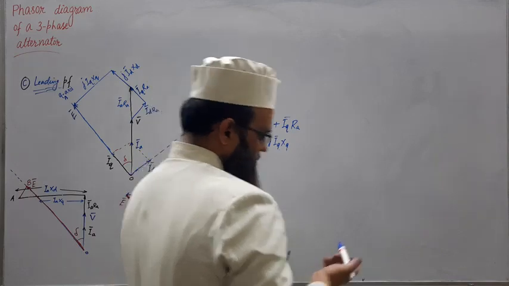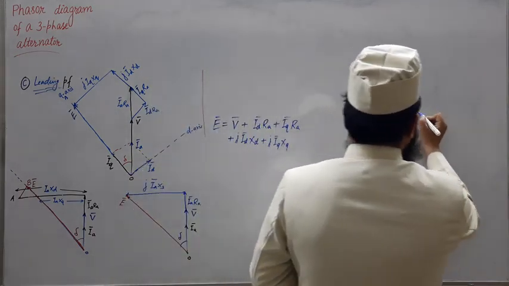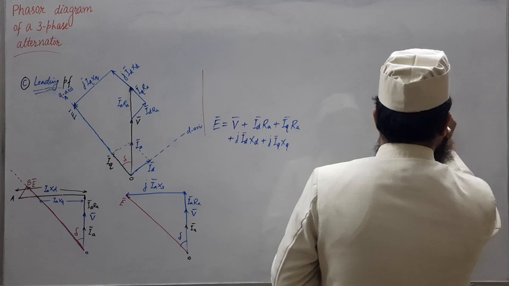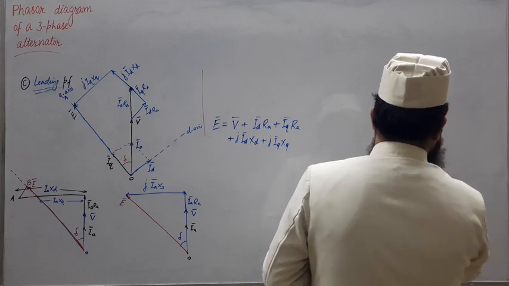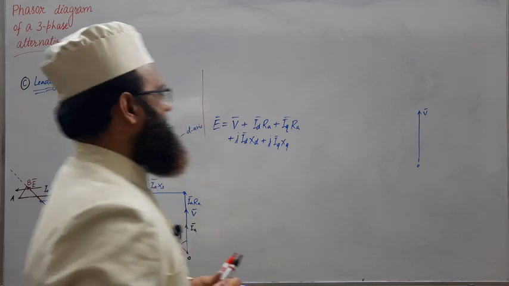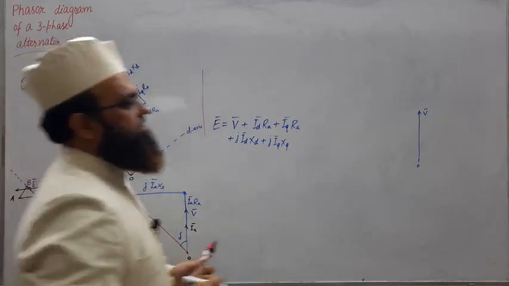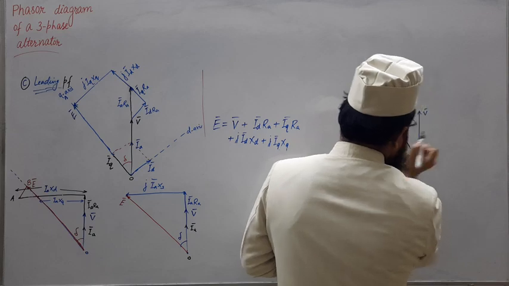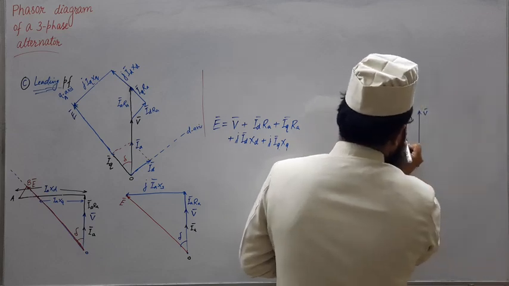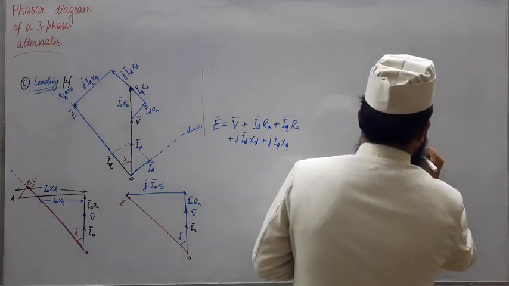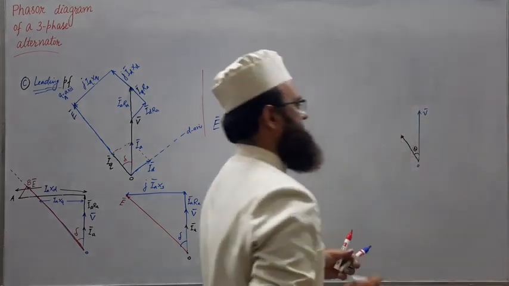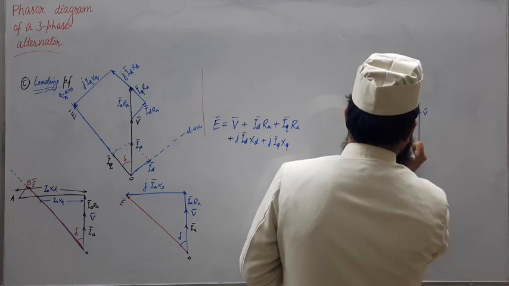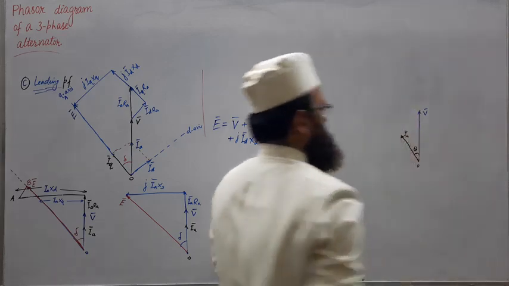So when delta is known, our procedure will be to first draw the V phasor. This is O point, and for this leading power factor case, the current phasor is leading by a certain angle, power factor angle theta, let us say theta. So this is IA, mark it as IA phasor.